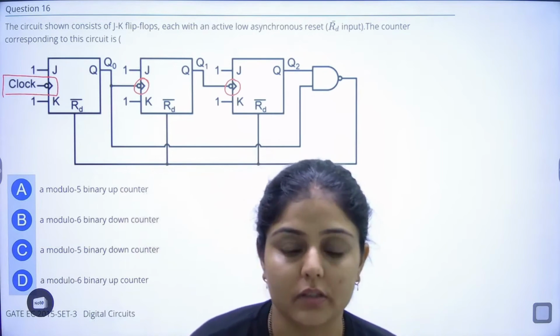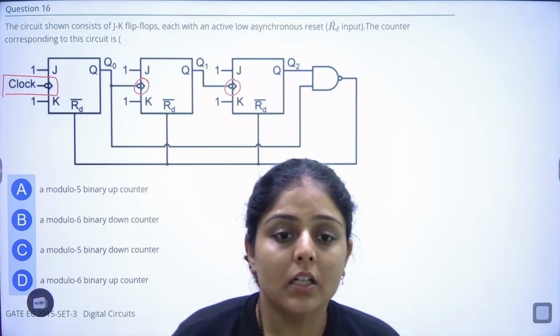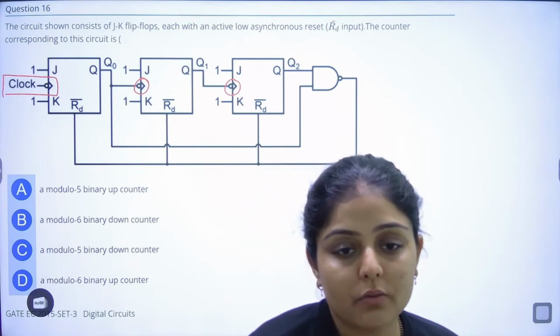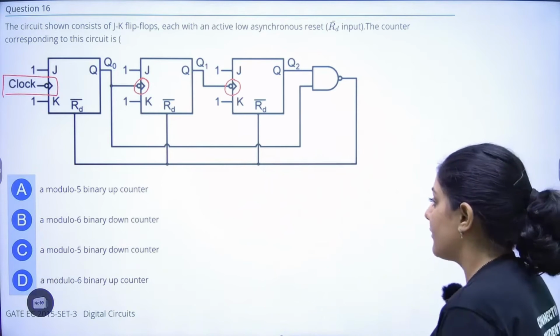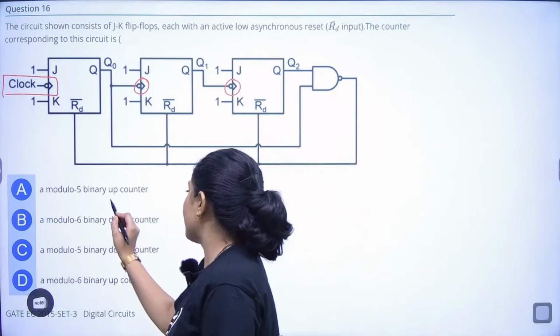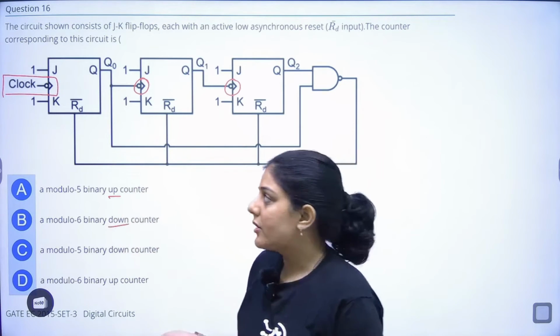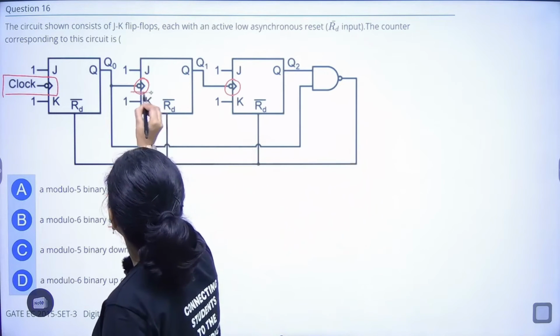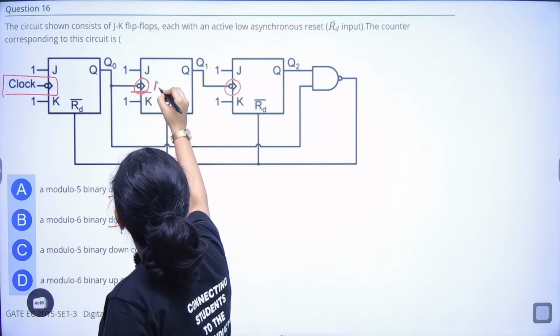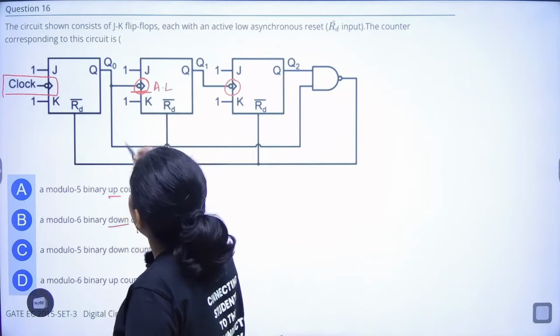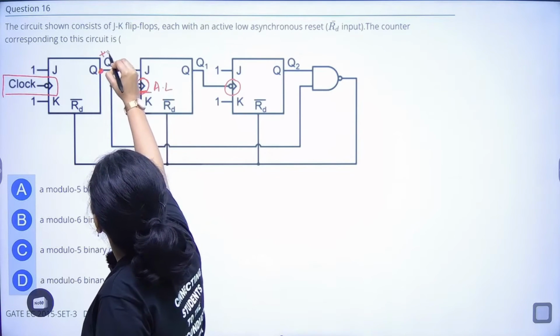So the reset input is there, RD. For the counter corresponding to the circuit, we have to find out the mod of the counter and whether it is an up counter or down counter. In order to find that out, we have to check: your clock is active low and the output is positive.